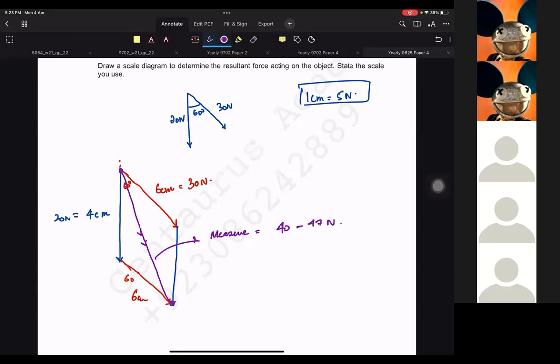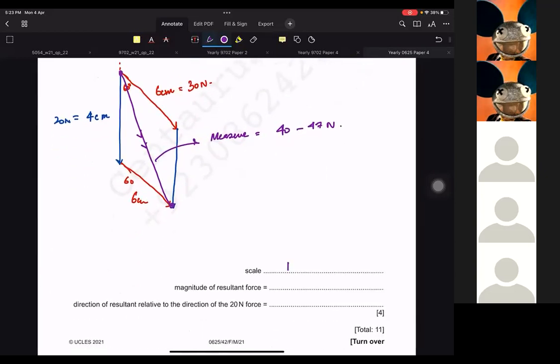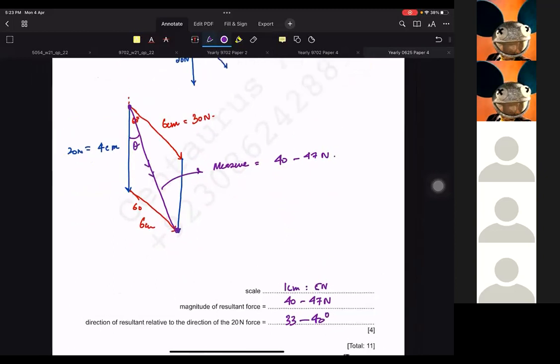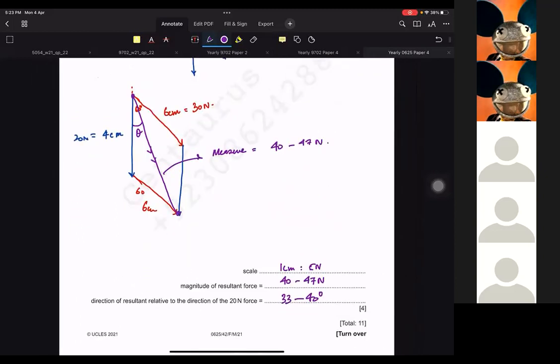Right, so this should be your answer. 1 centimeter we took as 5 newtons. Magnitude from 40 to 47 newtons is allowed. And the direction relative to the 20 newton force, so we have to find this direction, theta. This theta they've given as 33 to 40 degrees. So if you are in that range, then that's correct.